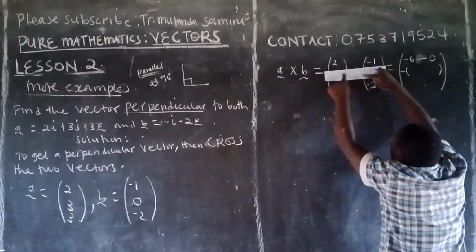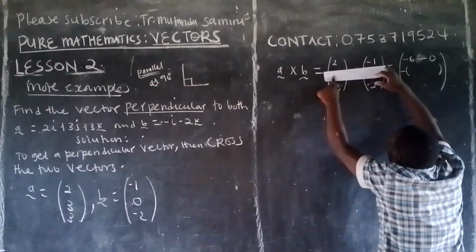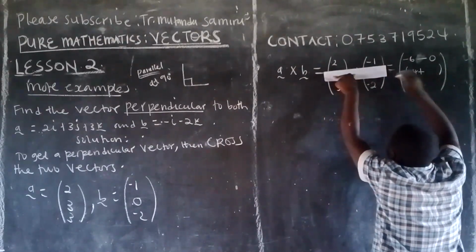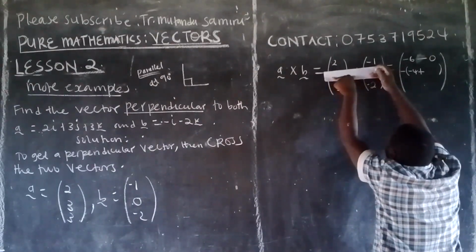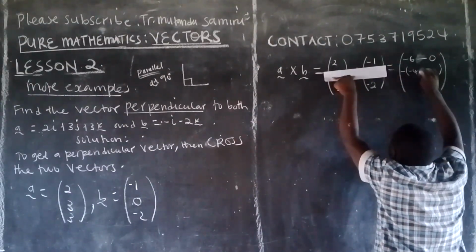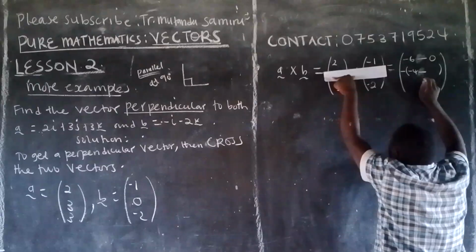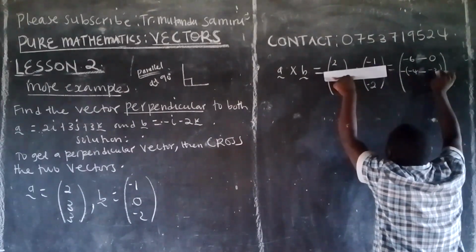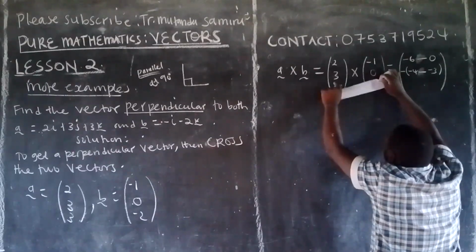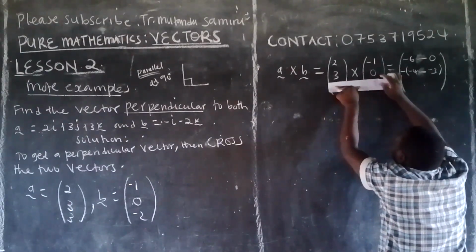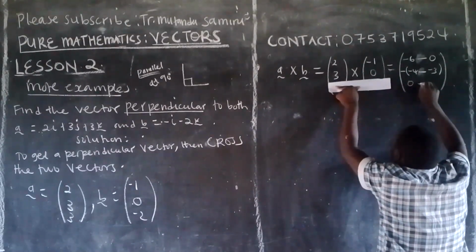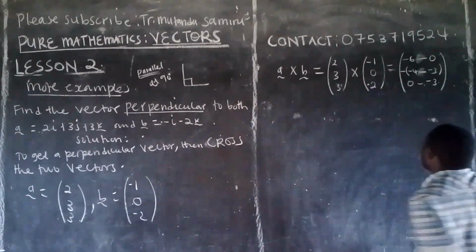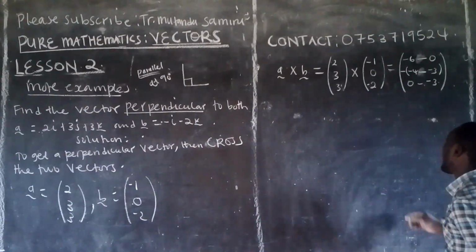So we shall have major diagonal -2 times 2 will be -4 plus minor diagonal, 3 times -1 will be -3. Then we come down. Cover up this. We have 0 times 2 will be 0 minus 3 times 1 will be -3. Then finally, you can get us that answer.